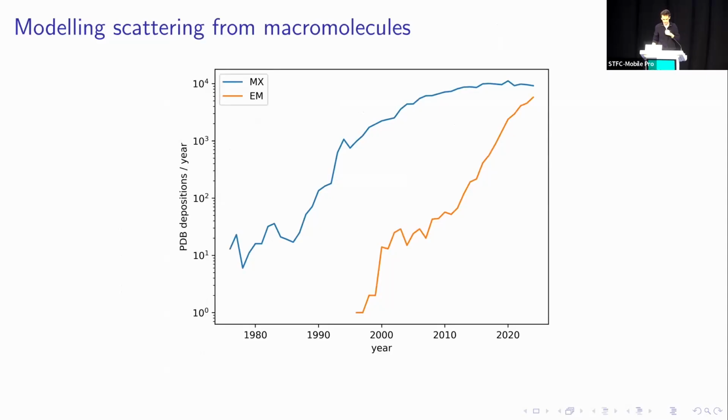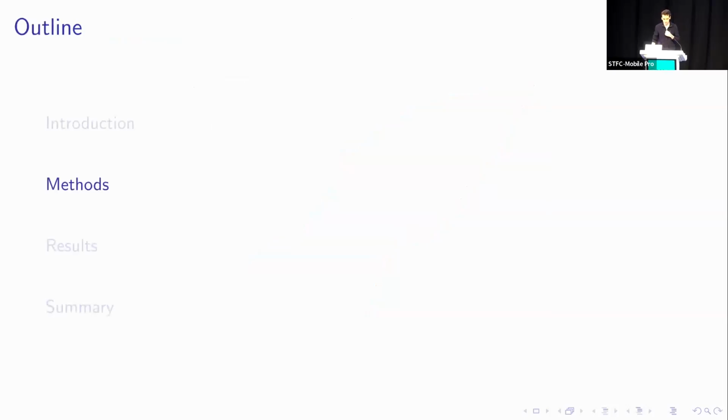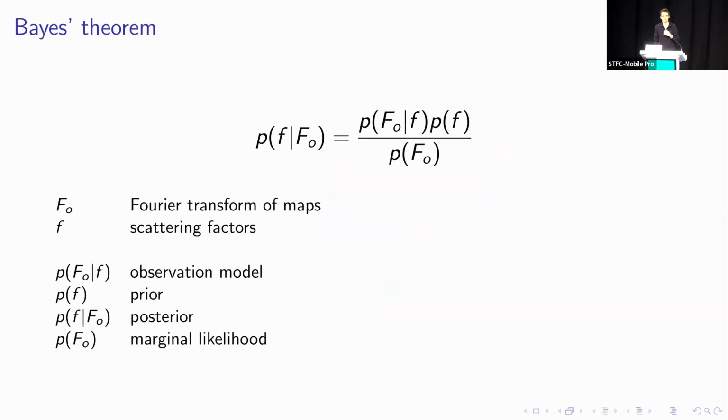And the question is, can we use this data in order to learn the scattering factors directly from the data, and in this way bypass expensive computational calculations that would otherwise be required? And we've developed an algorithm that does this.